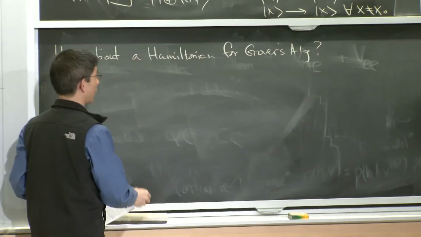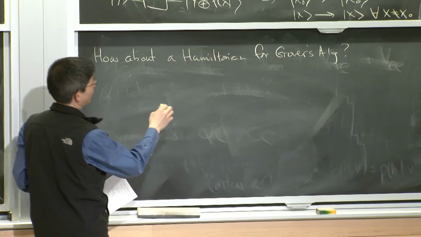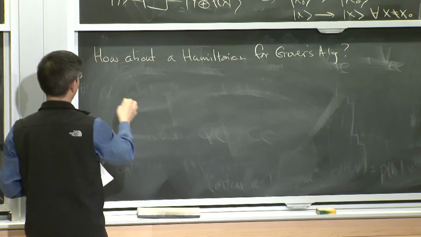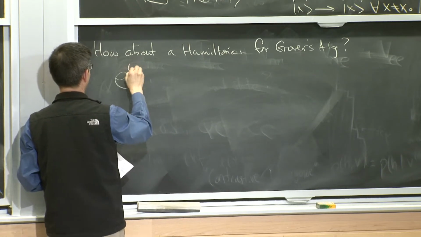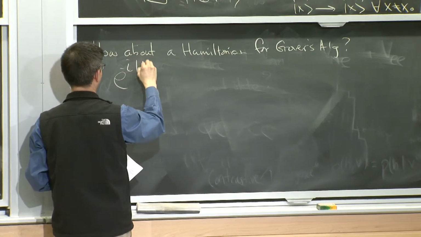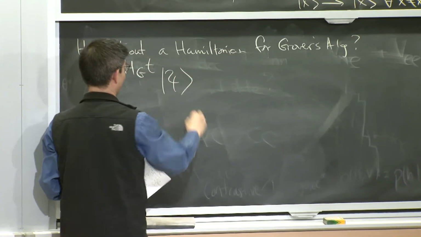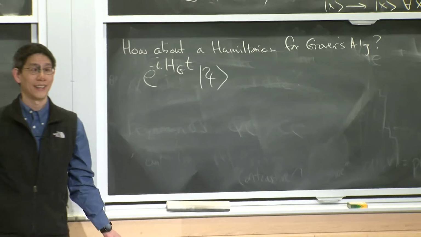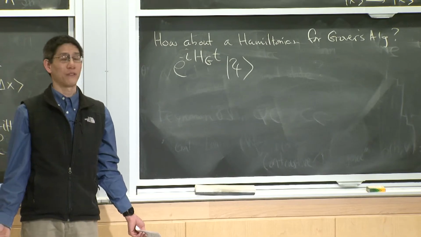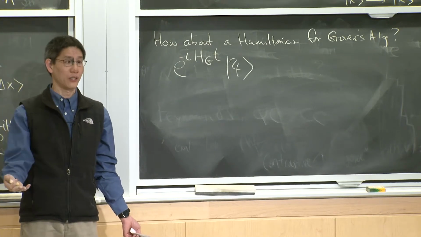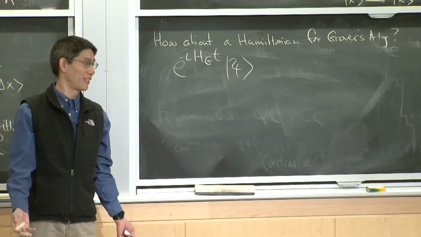Could I instead say that Grover's algorithm, this G applied k times, is just some e to the i H Grover times some time acting on some initial state? After all, you have just seen 2 lectures on adiabatic quantum computation.